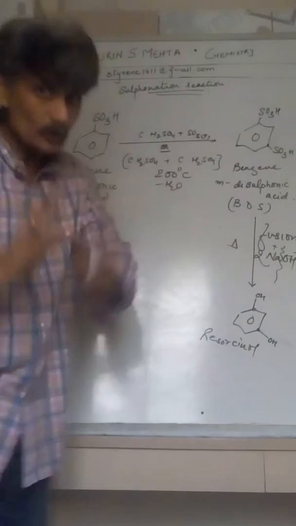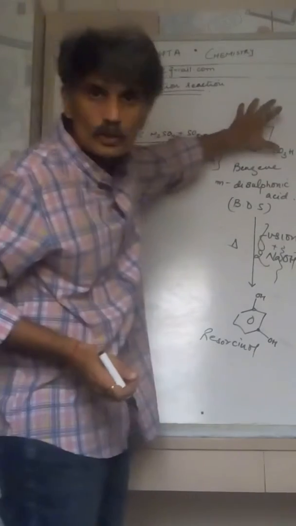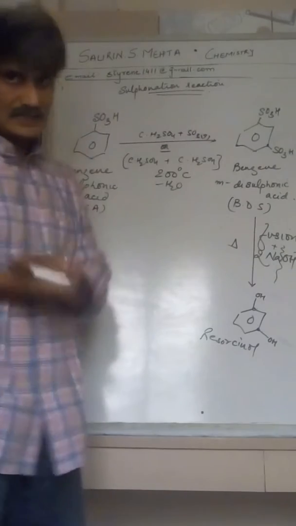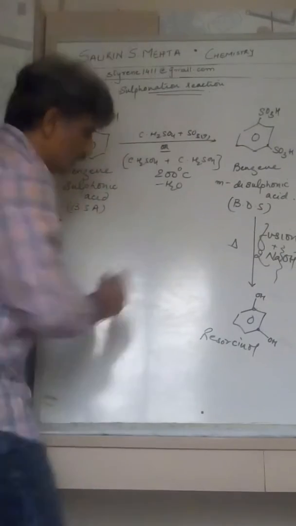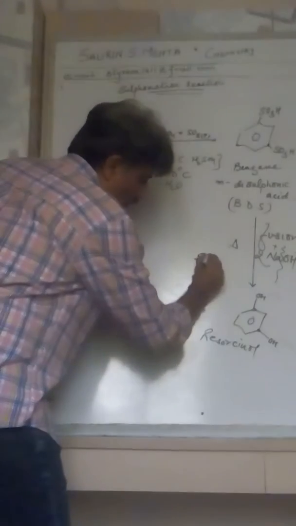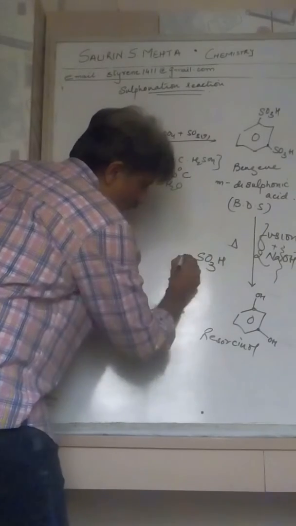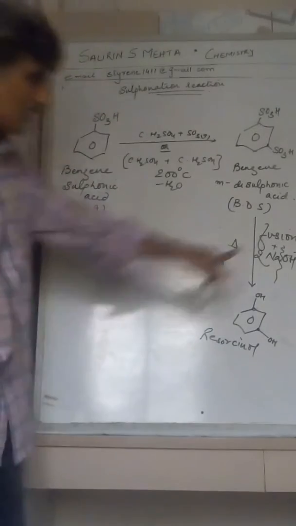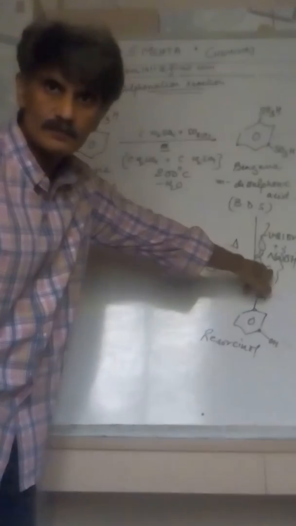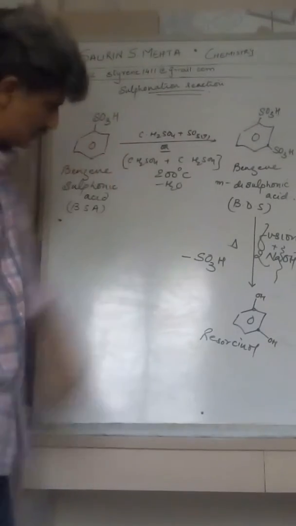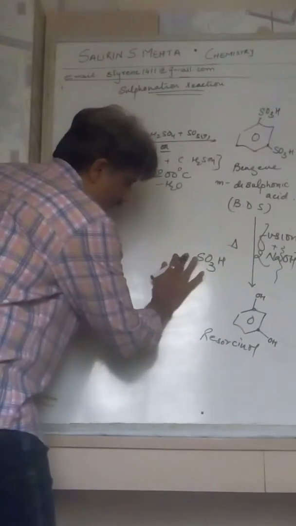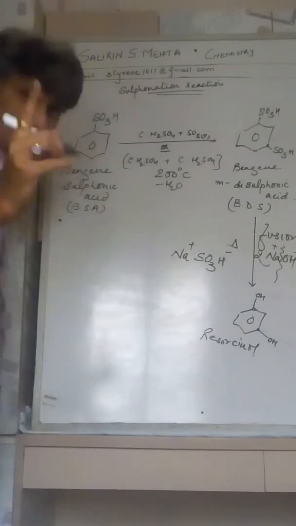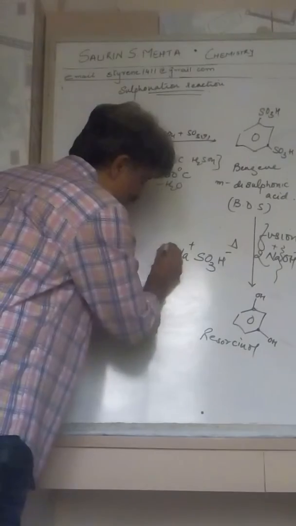The reaction is not over yet. The 2 SO3H groups which have got eliminated have minus charges. So SO3H minus, 2 moles, don't worry, combine with 2 moles of Na plus. So Na plus and SO3H minus, 1 mole, and Na plus and SO3H minus, 2 moles.